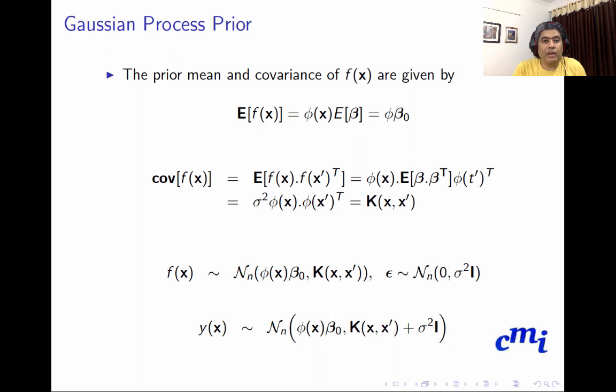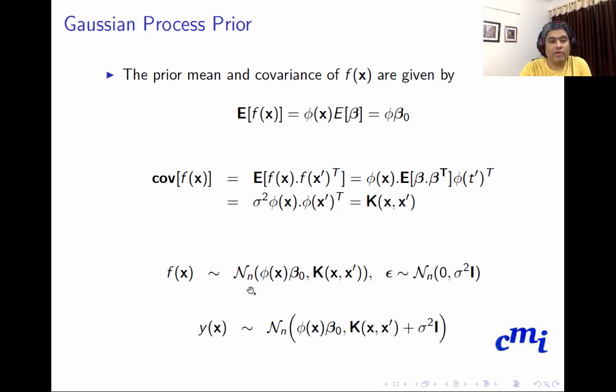Now the prior mean and covariance of f of x are given as follows: the expected value of f of x is phi of x times the expected value of beta, which is phi of x beta 0, and the covariance of f of x is the expected value of f x f x transpose. After some algebraic manipulation, you can write it as some function k of x, x transpose.